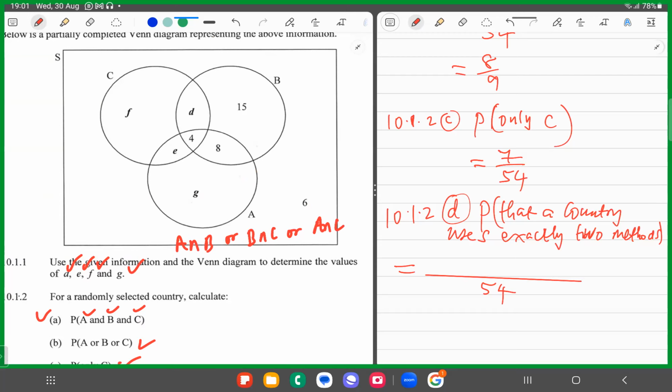So we can see that we have those countries in, for instance, A and B, and then you have B and C. How many of those countries are there? Okay, we got some of these here. Let me put them back. D was 5, E was 4, F was 7, and G was 5.